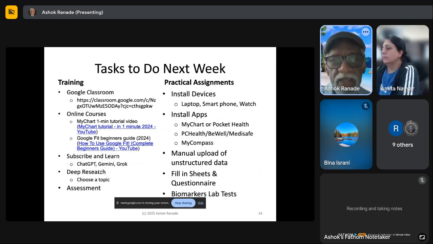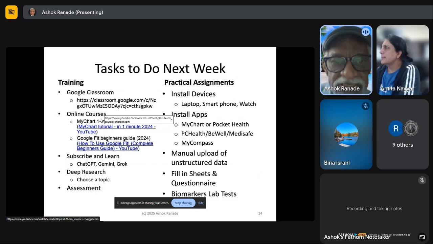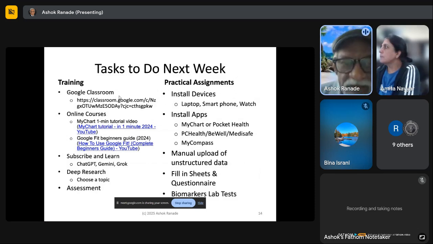Make sure that the first thing is on the training side. You all have been given access to this Google Classroom. I hope everyone here is already in. I saw most of the names over there in the classroom, but if there is anyone who has not yet registered for Classroom, please go ahead and become a member.